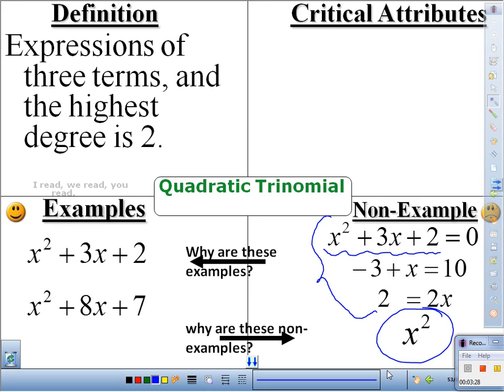How about this one? Why is this not a quadratic trinomial? Yeah, these have one variable. Okay. It's a monomial. It's only got one term.